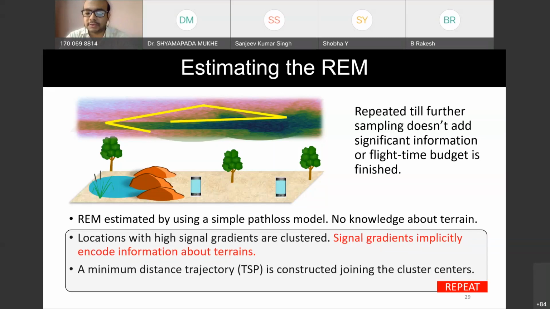Your budget is exhausted, and so this is the closest approximation of the radio environment map that you have now. Okay, so you did not have any knowledge about the terrain, you did not have any knowledge about the location of the UEs, but you have done all of it in this finite amount of time. Okay, and we were trying to minimize your flight time and maximize the information that you are collecting about the REM. So this is sort of a heuristic that proved to be very useful for us.